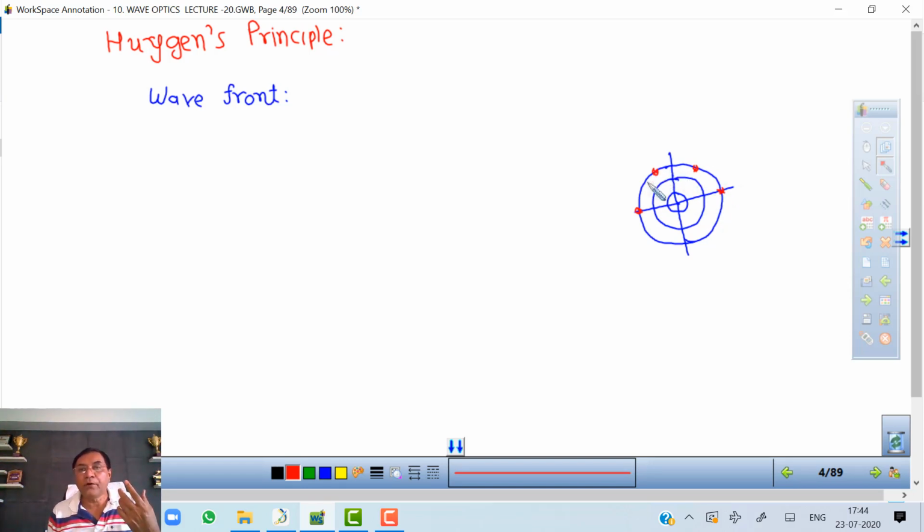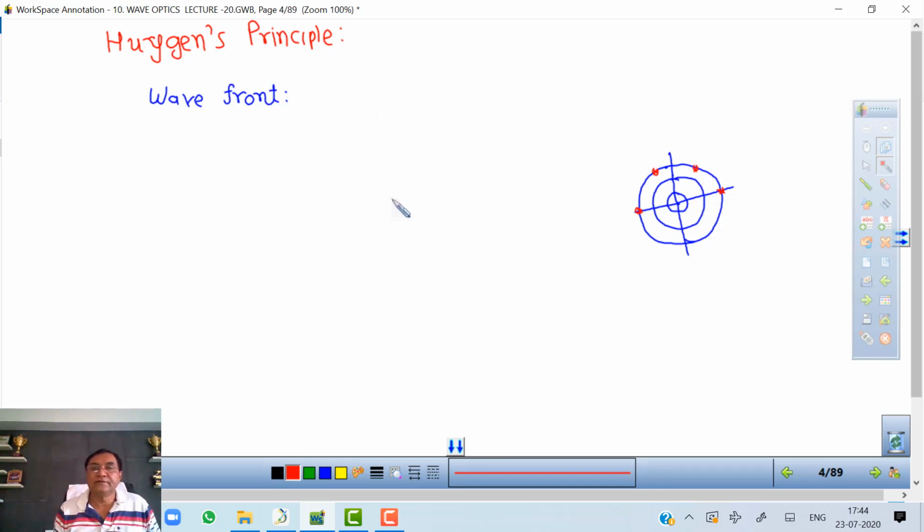Means all these points are oscillating with the same phase. All the points on the ring are oscillating in the same phase. So the locus of this is called wavefront.